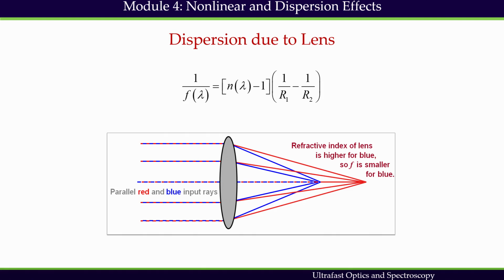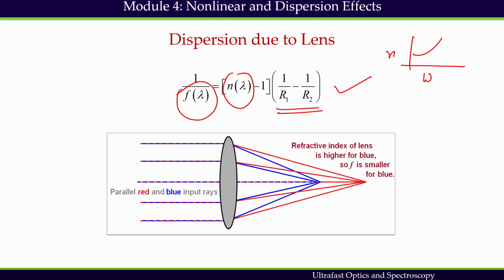The well-known lens maker formula is given by this equation, which clearly shows that for a particular lens, where the curvature is constant, the focal length will be inversely proportional to n(lambda), and we know that the refractive index n will increase with respect to omega or decrease with respect to lambda.